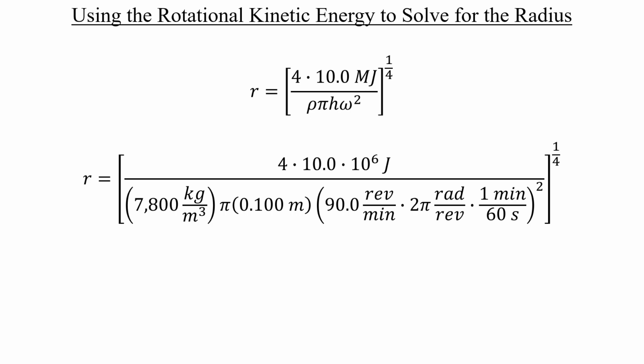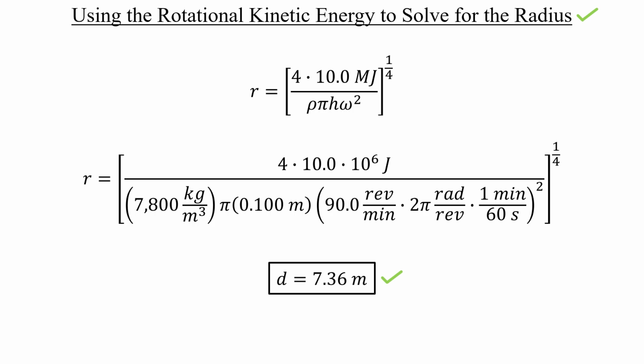When we multiply all of this together, and then we take it all to the 1/4 power, we arrive at a disk radius of approximately 3.68 meters. And from here, we can just multiply the radius by 2 to get the diameter, which is 7.36 meters. And now we have our answer to part A.